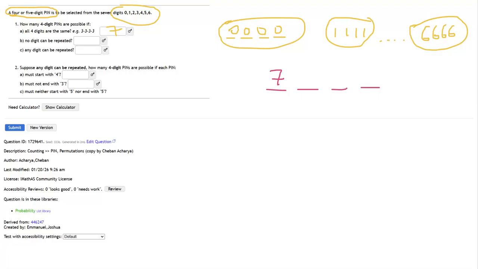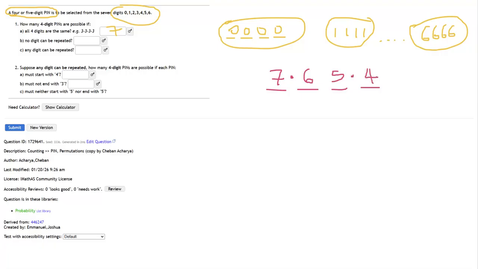The second digit you can choose in only 6 ways, because you cannot repeat the digit, since you already chose the first digit. The third digit you can choose in 5 different ways, and the fourth digit in 4 different ways.